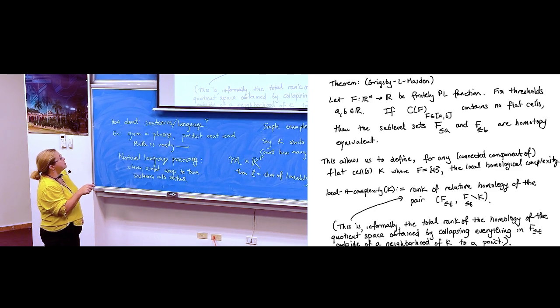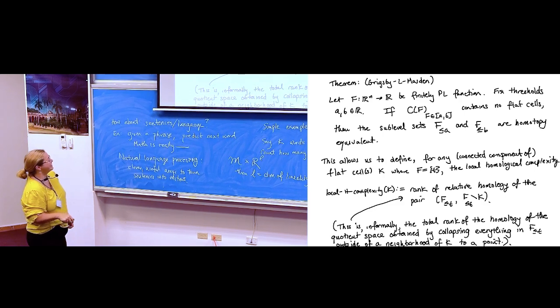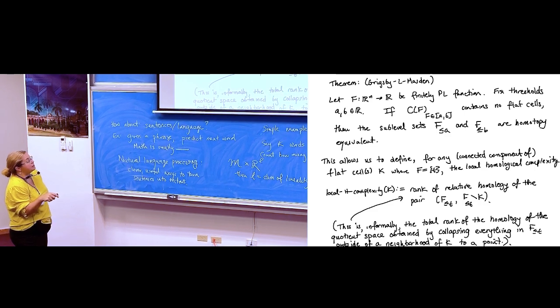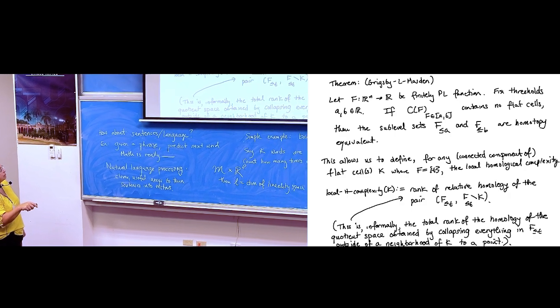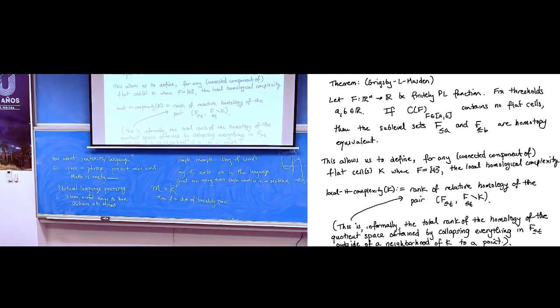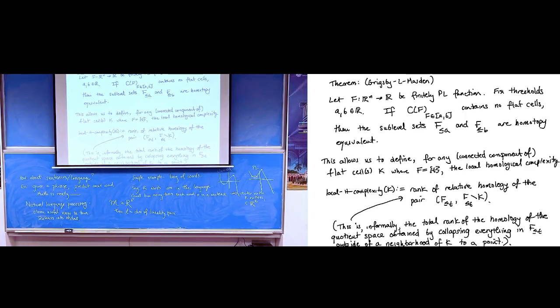We called it the local H complexity of the cell, which we defined to be the rank of the relative homology of the pair. So F, this is the sublevel set associated to threshold T, and this is the same thing, but take away K. If you're not familiar with relative homology, informally, you take your space F less than or equal to T, and you form a quotient by collapsing everything outside of a neighborhood of K into a point.